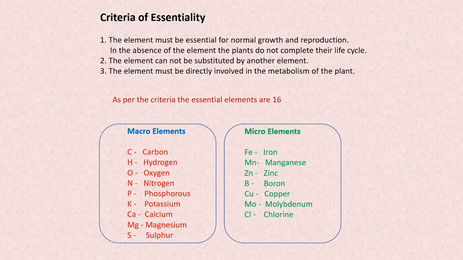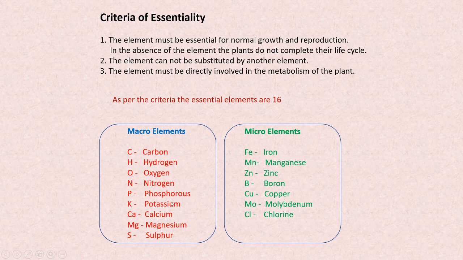What are the macro elements? Carbon, hydrogen, oxygen, nitrogen, phosphorus, potassium, calcium, magnesium, and sulfur, out of which carbon, hydrogen, and oxygen are called structural elements, because without any of these, no organic matter existence is possible.